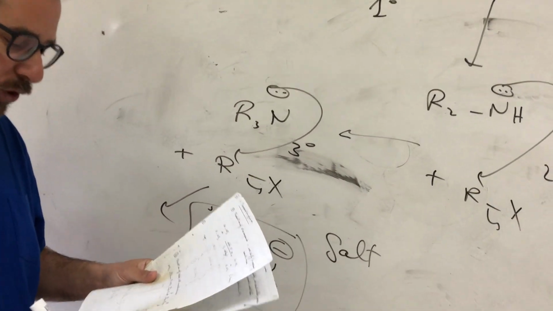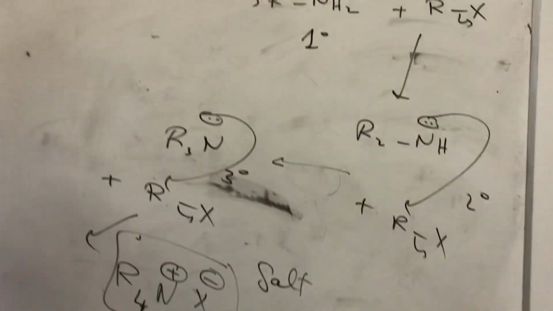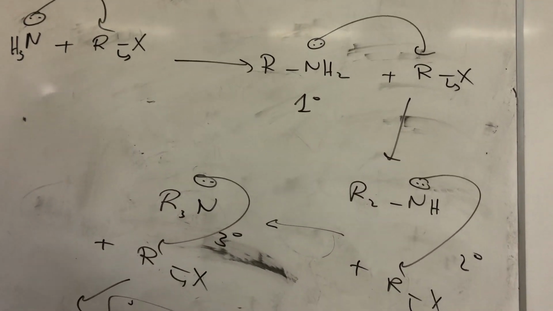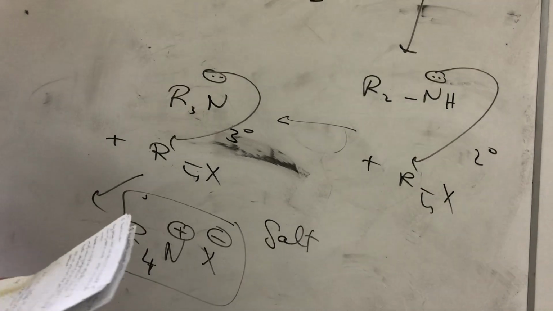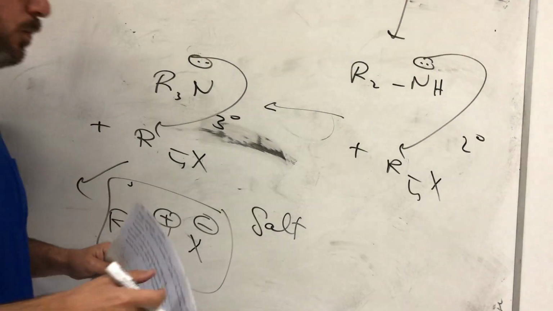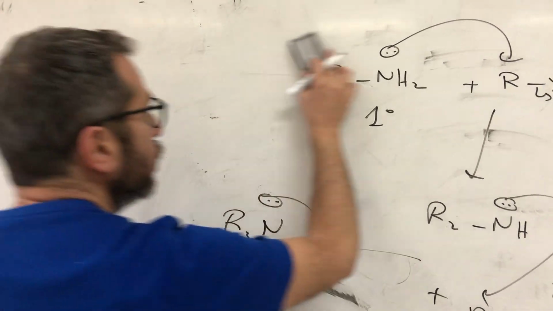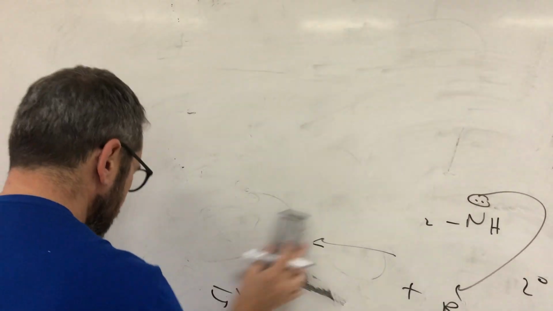So with this method, we can prepare the different types of amine, primary, secondary, tertiary, and the salt. You have examples, you can read them in the notes. So we move to the third method, which is also important, and it is called reductive amination.